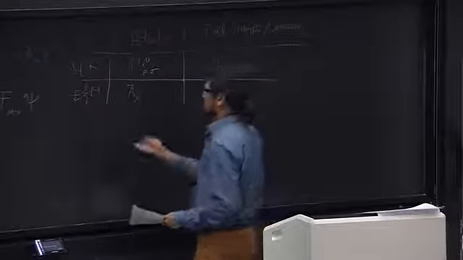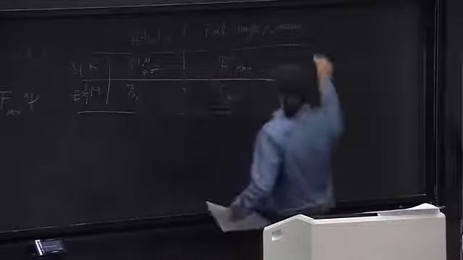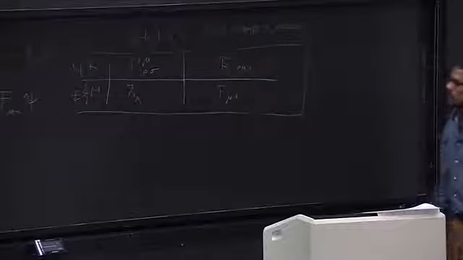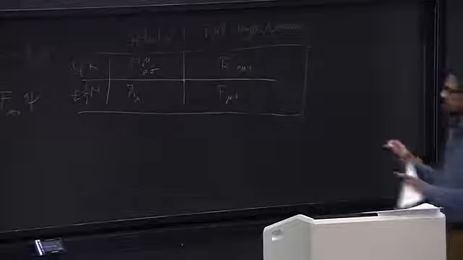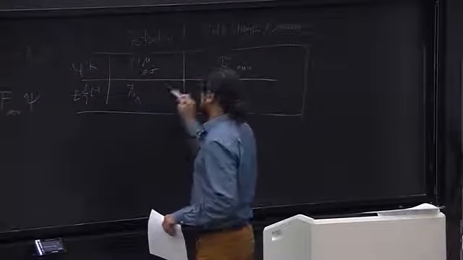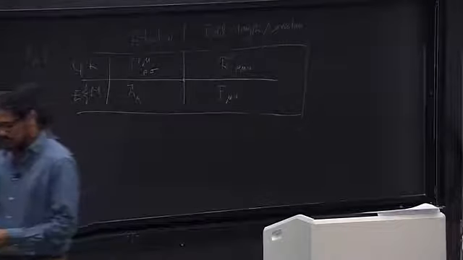In electromagnetism, it's given by F mu nu, the field strength. So potential, so this is like a perfect analogy. Mathematically, the relationship between this and this, and this and this, it's the same relationship.